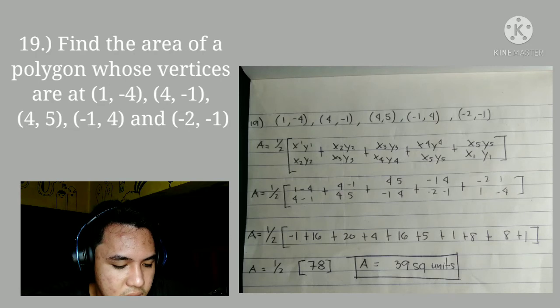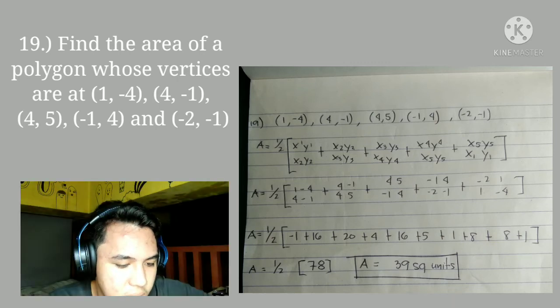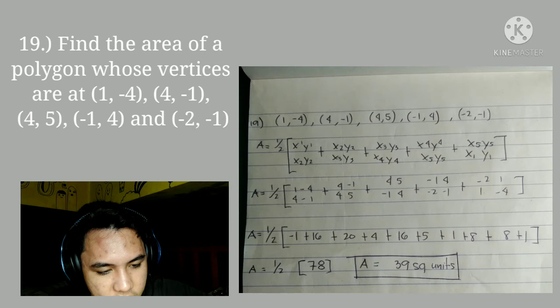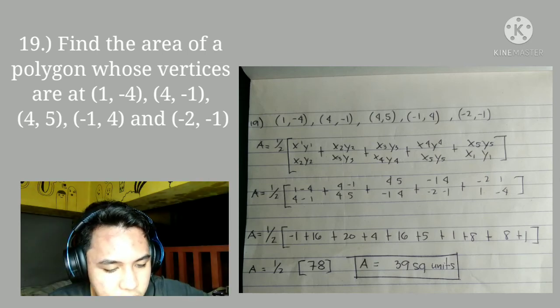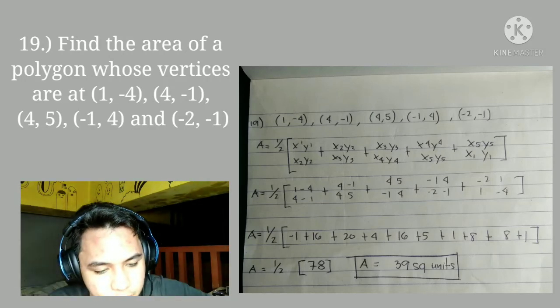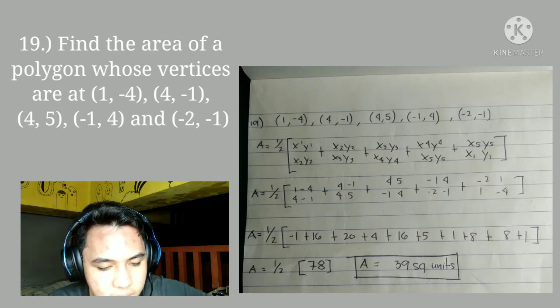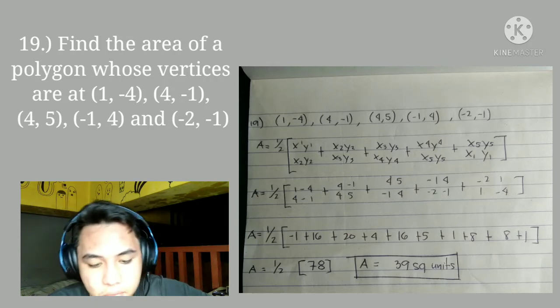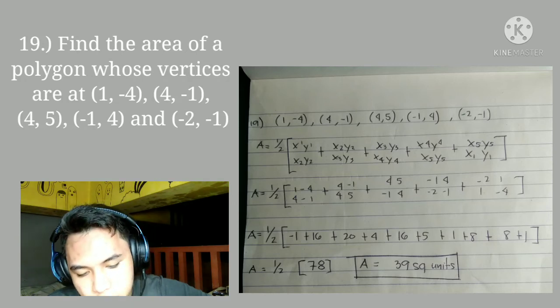As you can see, now we can substitute into our formula. We have x sub 1 is 1 and y sub 1 is negative 4, and x sub 2 is 4 and y sub 2 is negative 1, plus our x sub 2 and y sub 2, which is 4 and negative 1, and our x sub 3 and y sub 3 is 4 and 5, plus our x sub 3 and y sub 3, 4 and 5, and our x sub 4 and y sub 4 is negative 1 and 4, plus our x sub 4 and y sub 4, negative 1 and 4, and negative 2 and negative 1.